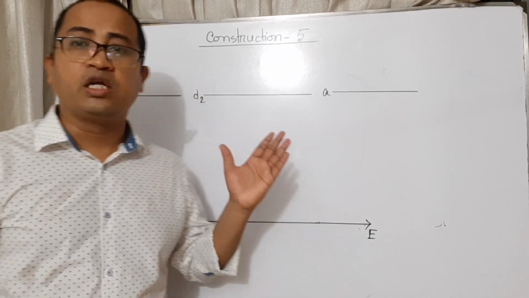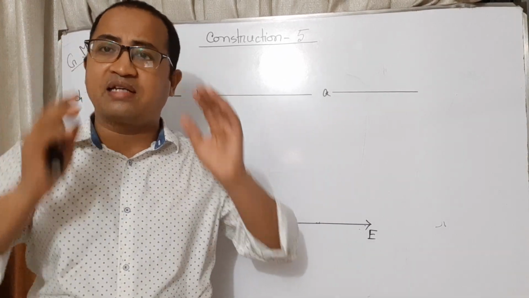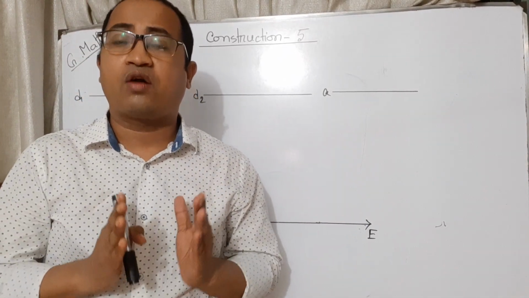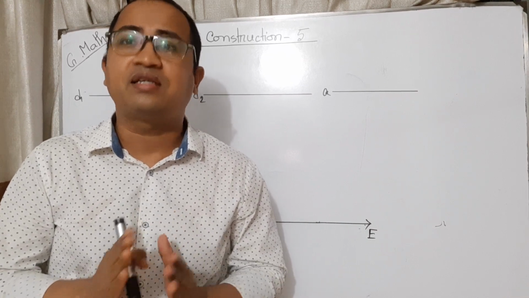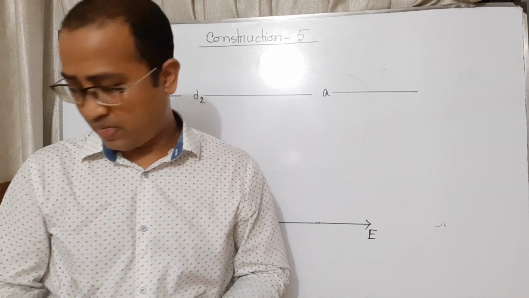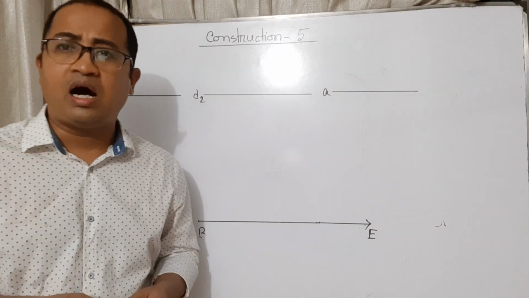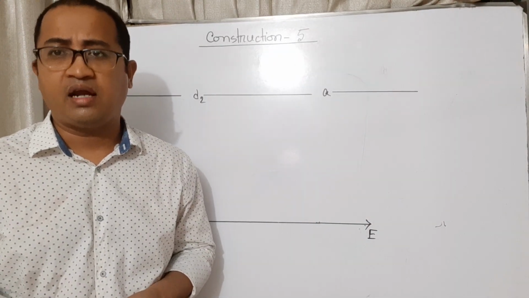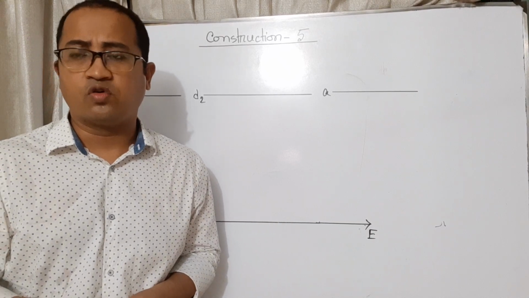At first, we need to bisect the diagonals, as we know that the diagonals of a parallelogram bisect each other. So we need to bisect D1 and D2. Just now I told how to bisect a line, and I think all of you know how to bisect a line. Now look at the board.